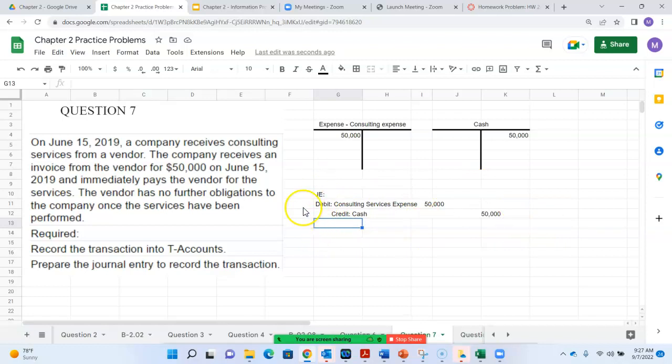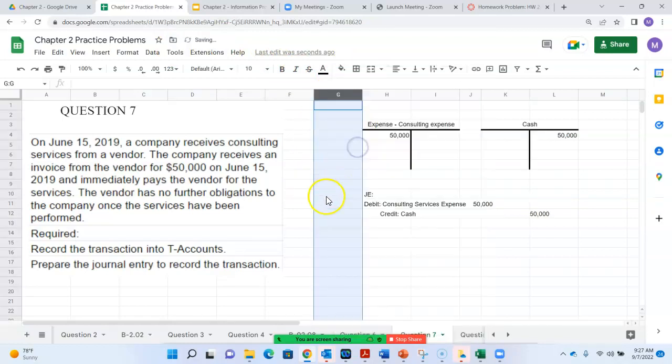The other thing that's really important is to include the date. Let's put it over here, so you can see it. Our date for this one is June 15th, 2019. Make sure that date gets included. So you need a date, and then you also need a description. Think about it.